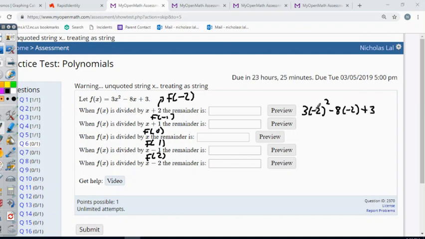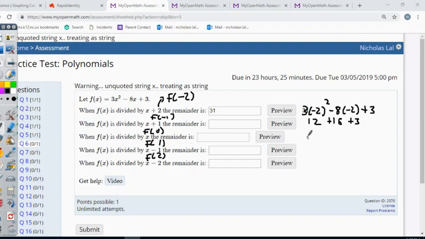Negative 2 squared is positive 4, so that's 3 times positive 4, that's 12. 8 times negative 2 is negative 16, minus negative 16 is plus 16. That's 12 plus 16 plus 3. 12 plus 16 is 28, and 28 plus 3 is 31. The remainder here is 31. So that's when x is negative 2.